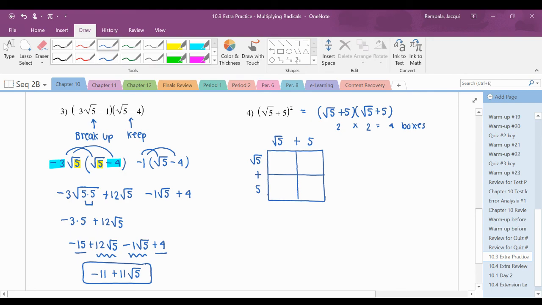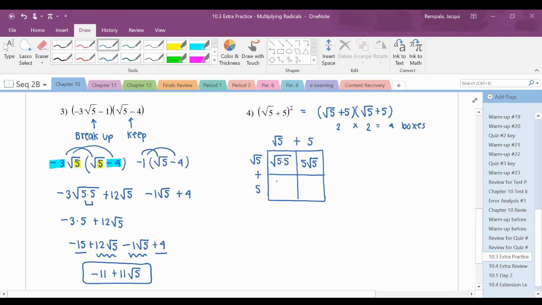All right, so now I want to multiply those outside terms to fill the boxes up. So square root of 5 times square root of 5 is underneath in the first box. Then notice that the 5 and the square root of 5, one is outside the square root and one is inside, so I'm not going to be able to actually multiply those numbers together.